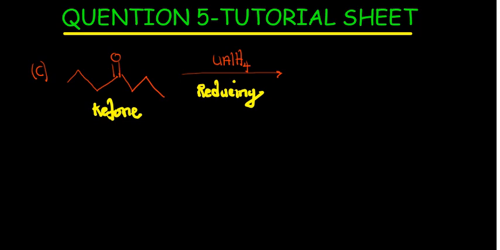The reducing agent we're using here is lithium aluminum hydride. So our end product is going to be a secondary alcohol. The structure is one, two, three, with an alcohol at that position.